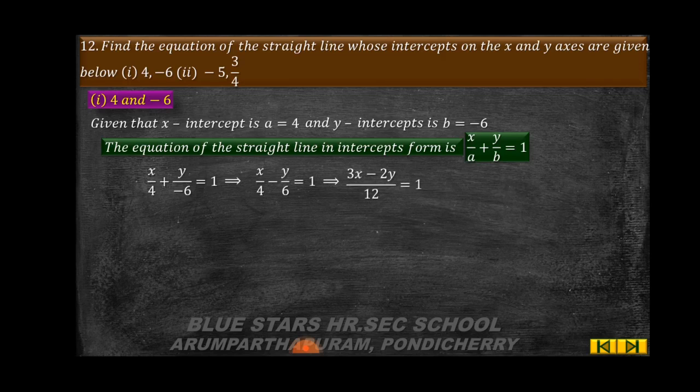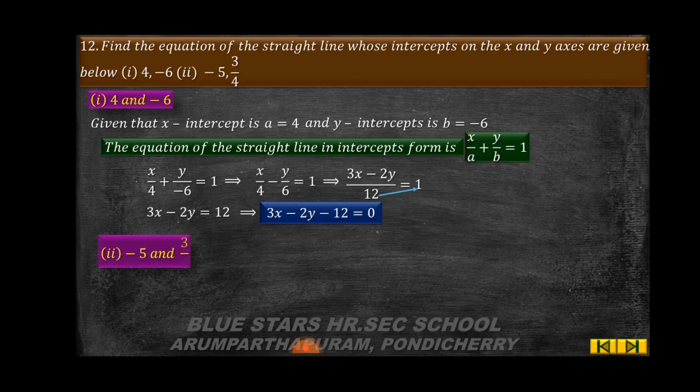Then we are going to take the LCM. The LCM of 4 and 6 is 12. So cross multiplication, 3x minus 2y divided by 12 is equal to 1. So 3x minus 2y is equal to 12, which implies the equation of the straight line is 3x minus 2y minus 12 is equal to 0.